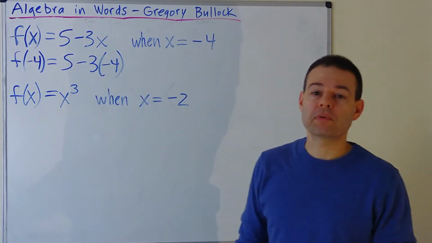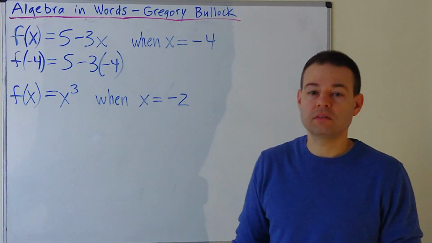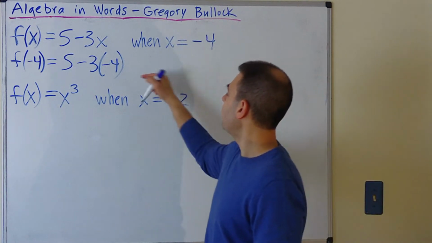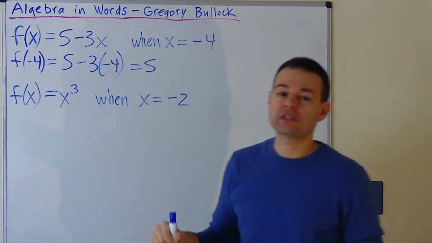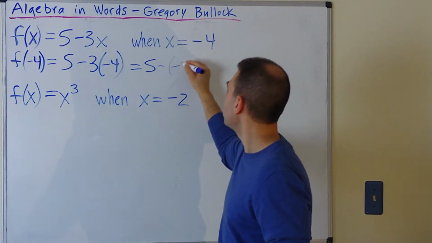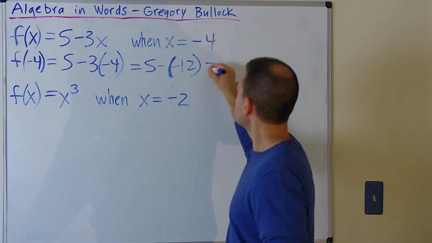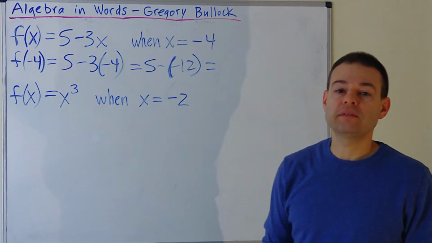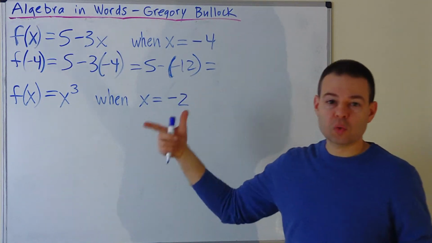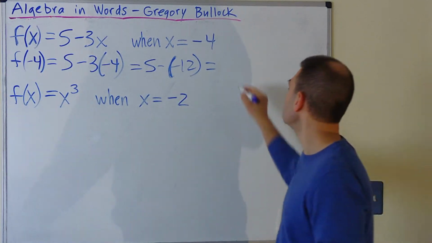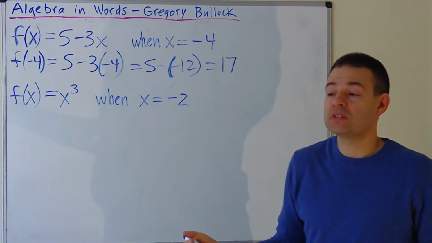Let's follow order of operations. 3 times -4 is -12, and so, to show all the steps, 5 minus -12, and minus a minus is plus, so 5 plus 12 is going to be 17. And that's the answer. The answer is 17.